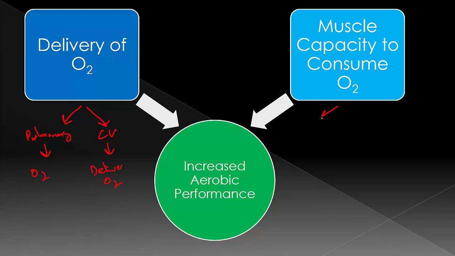So that means we need to be able to extract the O2, and we need to be able to utilize it with our metabolic pathways. So that includes the citric acid cycle and the electron transport chain, which we know is highly dependent on very good functioning mitochondria.